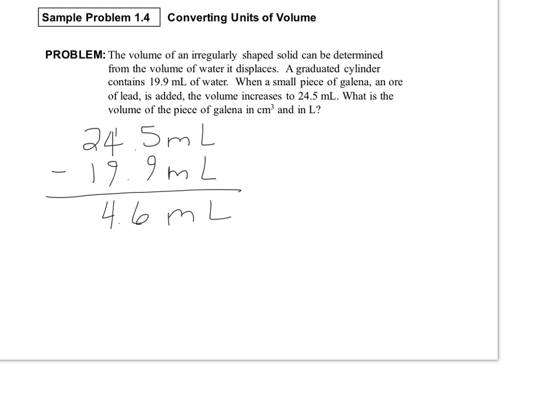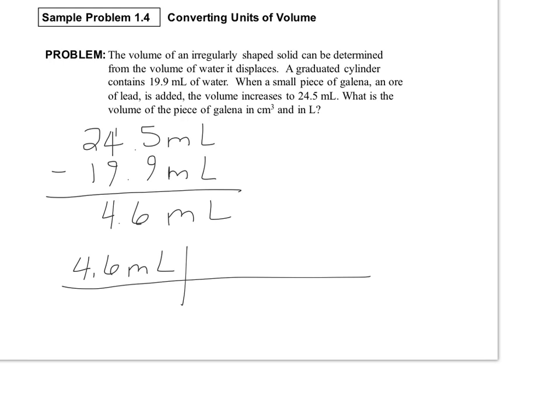Now we're ready to convert that into the units that they're asking about. I'm going to have to use tables 1.3 and 1.4 again to convert these units to the units that they're asking for. So I'm going to start out my T with 4.6 milliliters. You always start the top left corner of the T with what you're looking for.